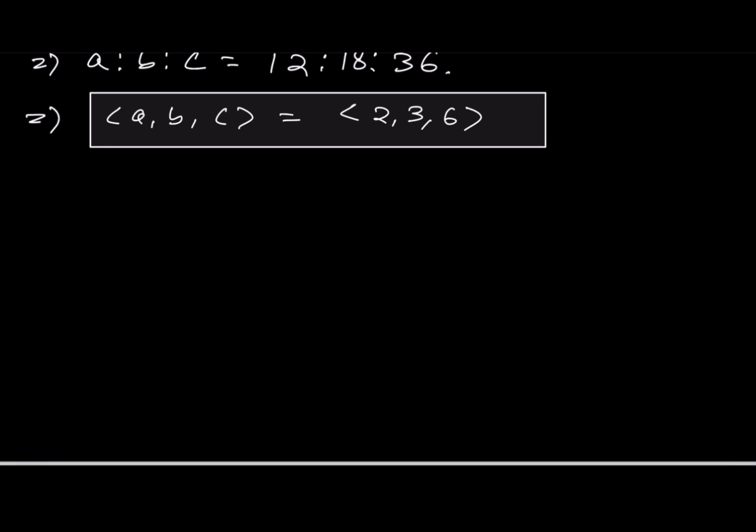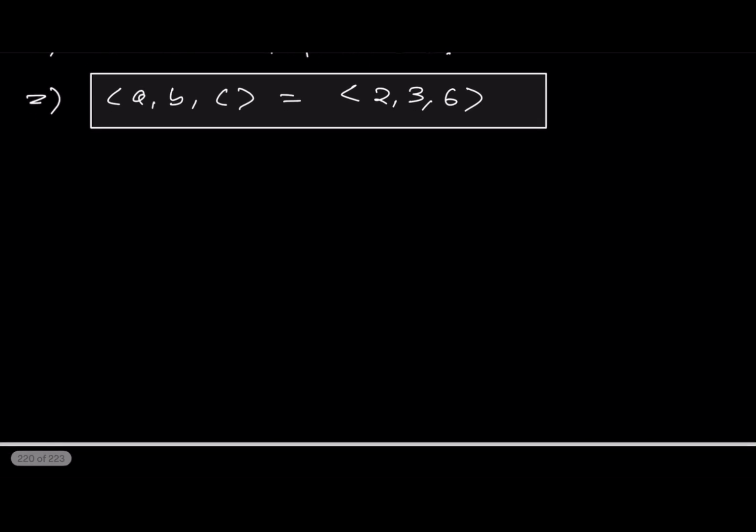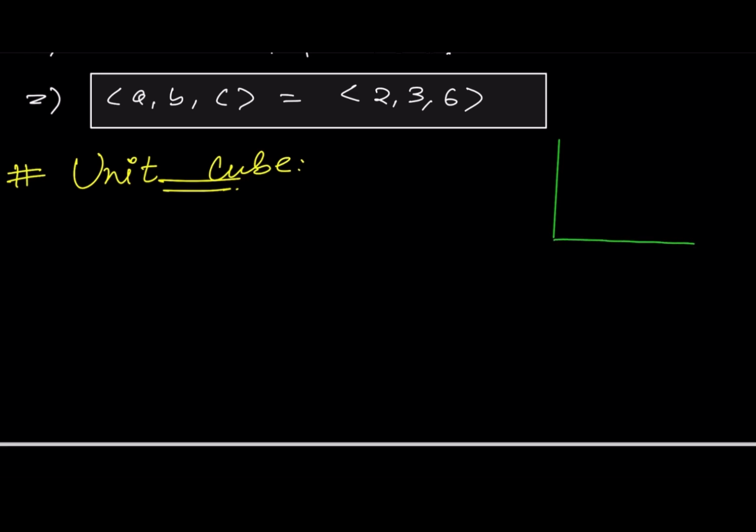Now let us come to next heading, which is unit cube. So make heading unit cube. So in this we will find the angle between the body diagonals of a cube. So let us make a cube having each edge or each side as 1 unit.